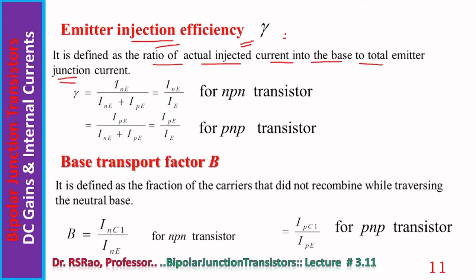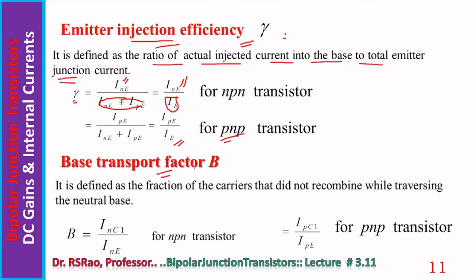Gamma by definition is INE by INE plus IP. This is the total emitter current. INE for an NPN transistor should be large. IP is a waste component. So gamma should be large for a good transistor. However, it can never be equal to 1 or more than 1. For a PNP transistor, it is IPE by IE.